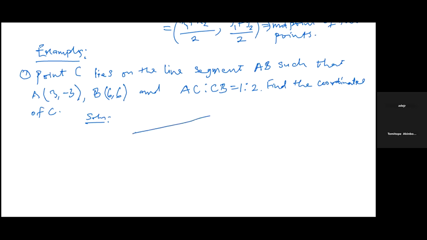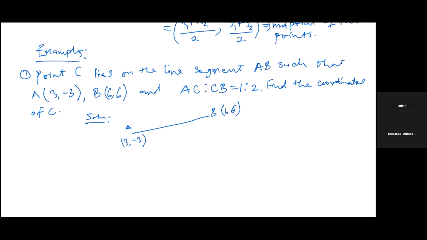So let's assume A is here, with coordinates (3, -3), and B is here with coordinates (6, 6). We were told that point C lies on the line segment AB such that the ratio of AC to CB is 1 to 2.